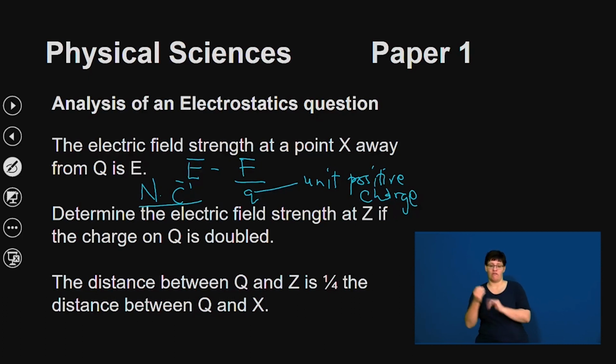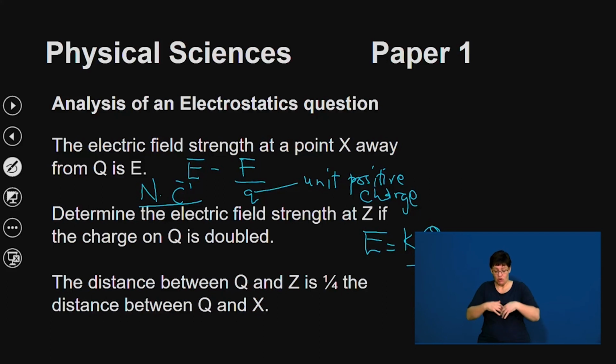We also need to be able to determine the electric field strength at Z if the charge Q is doubled. If Q is the charge that creates the field, then E equals K Q over R squared. You'd realize that we talk about the square of the distance between the point and the surface of the charge that creates the field.